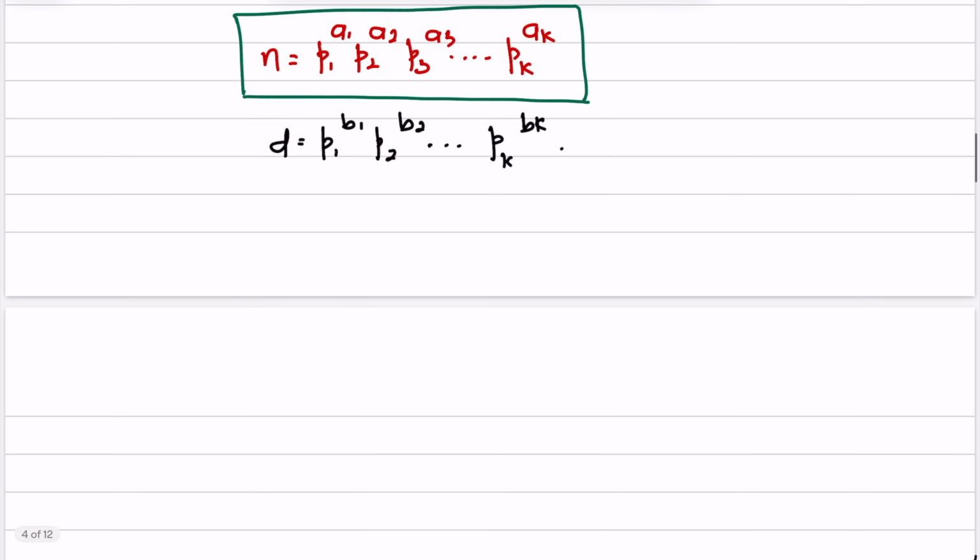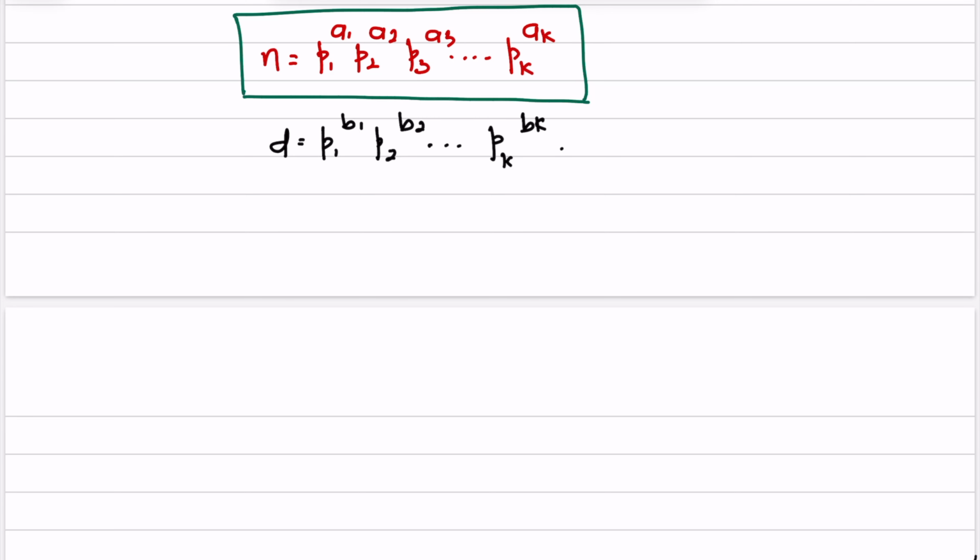That means the exponent of the prime factor should be an even number, or the values of P1, P2, P3 should have an even number as the exponent. Hence here we have found D is equal to P1 to the power of B1, P2 to the power of B2 and Pk to the power of Bk.